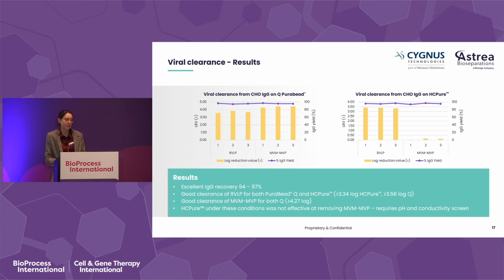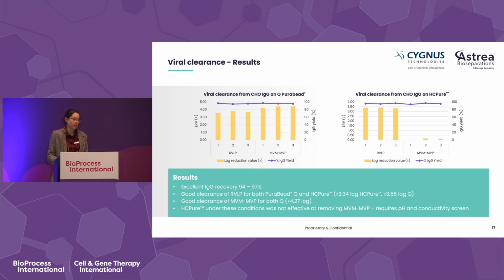So the results of the viral clearance assay then, on the Q Pura bead, kind of as we would expect for this buffer condition, we got clearance to below the limit of detection for both the RVLP and the mock MVM virus. So the level of the spike kind of determined the log reduction value, because we went to below the limit of detection.